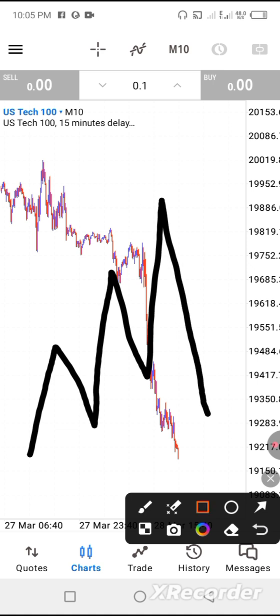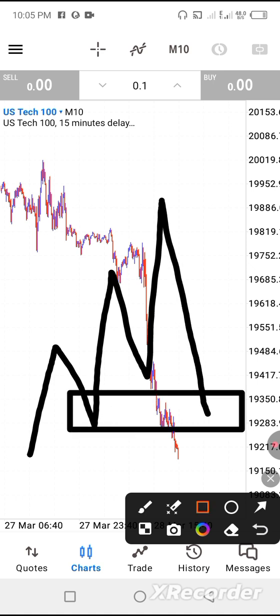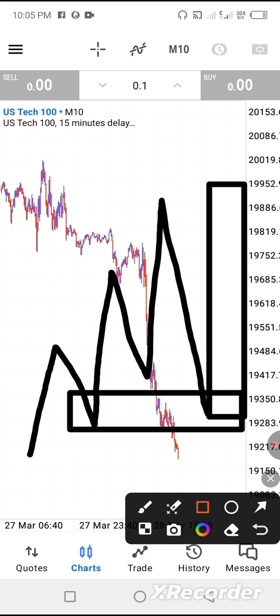This is your order block. You are expecting price to buy here to the upside. This is your higher time frame bias.